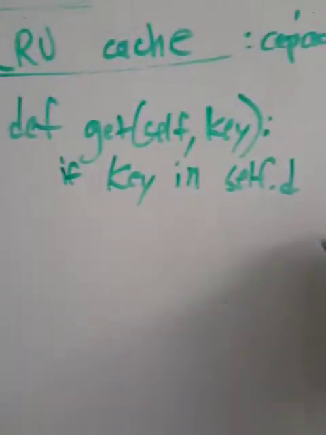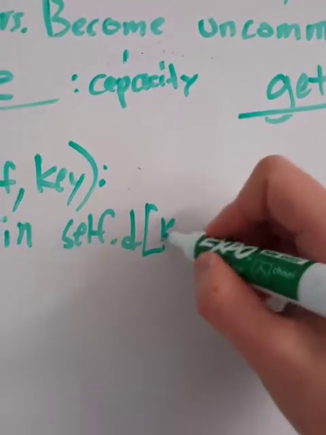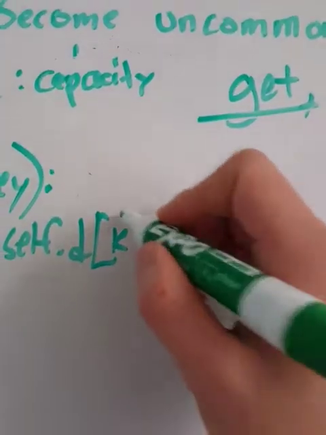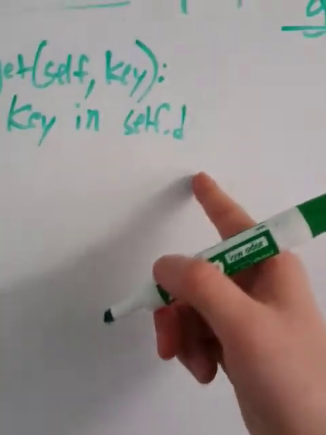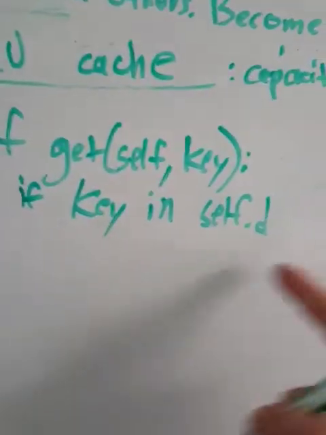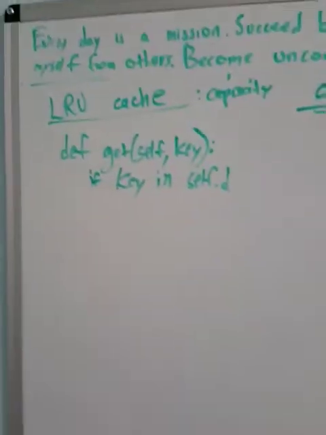So you have to do it in Python 3 to have constant lookup with this syntax. I don't remember the exact explanation, but I'm pretty sure that's the case. So yeah, if key in self.d, and then that'll just iterate through the keys in the dictionary.